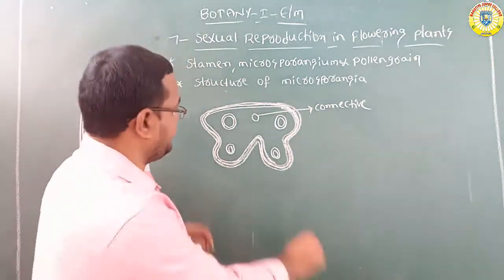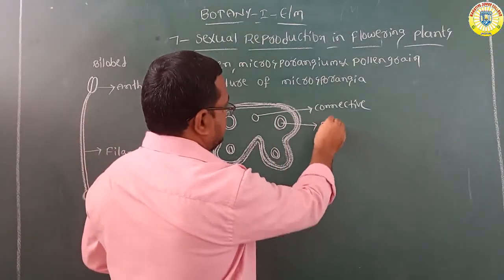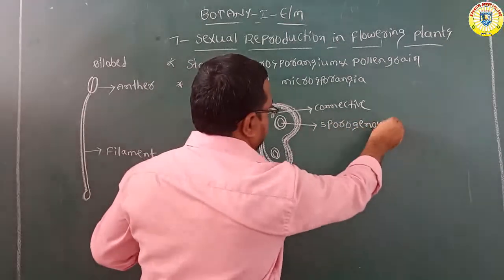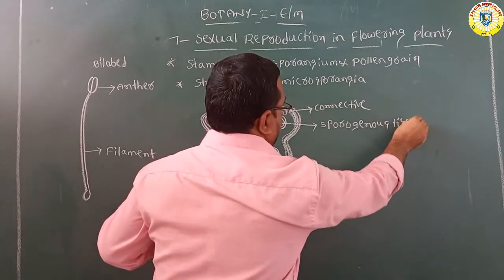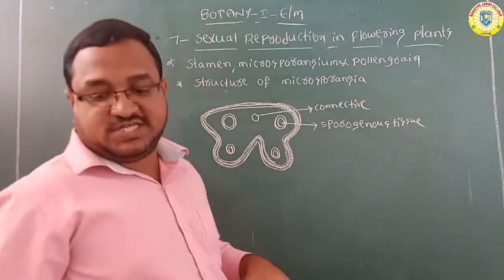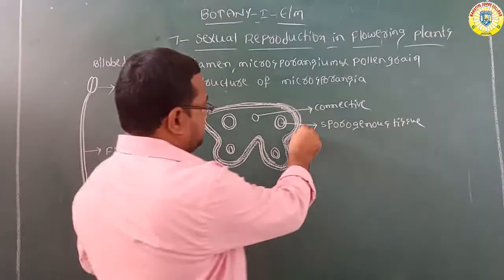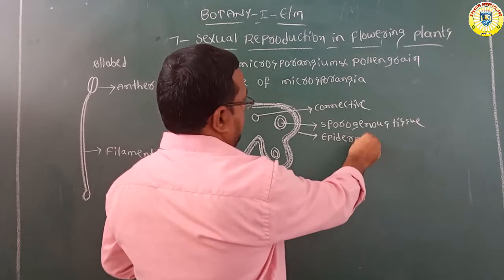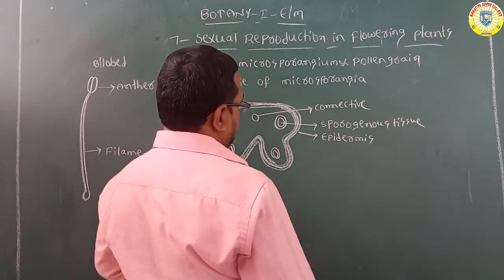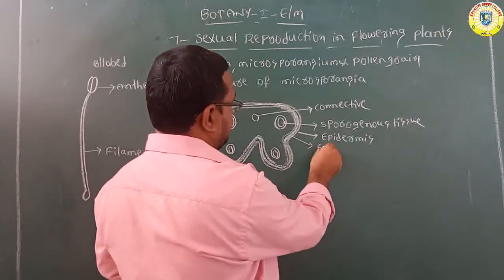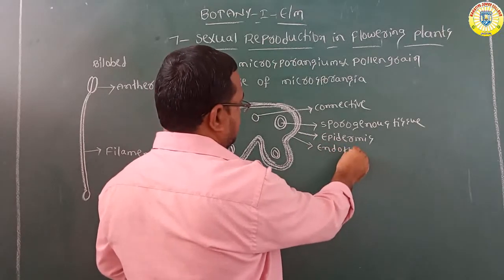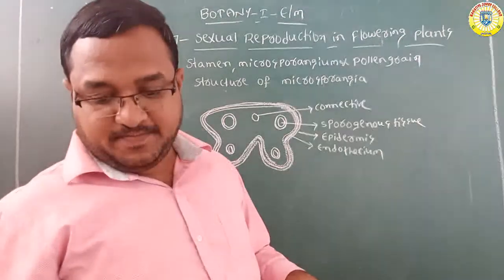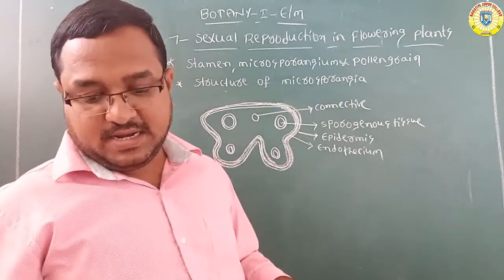Sporogenous tissue is there, and epidermis, endothelium, middle layer.